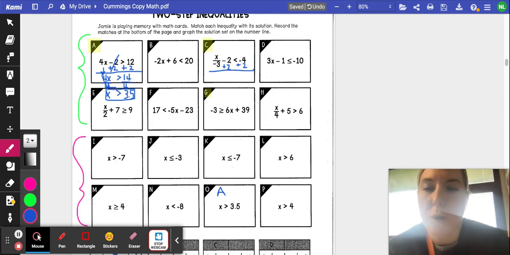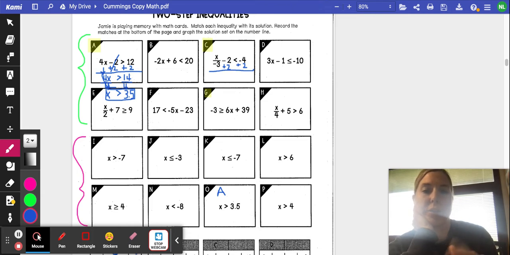If you don't have enough room to show all the work, I would get a scrap sheet of paper and write the letters down of the ones that you're doing so that you have a little bit more room. So I know here my 2's will cancel out. I'll bring down my x divided by -3, and I'll bring down my less than sign.